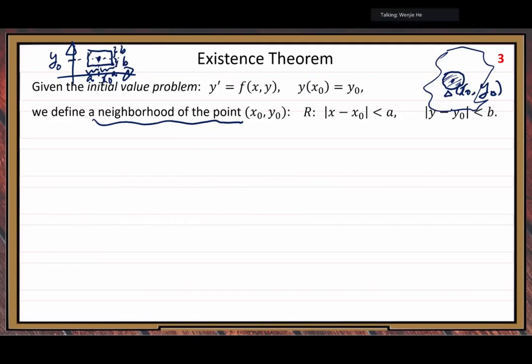So R is defined as this rectangular area.